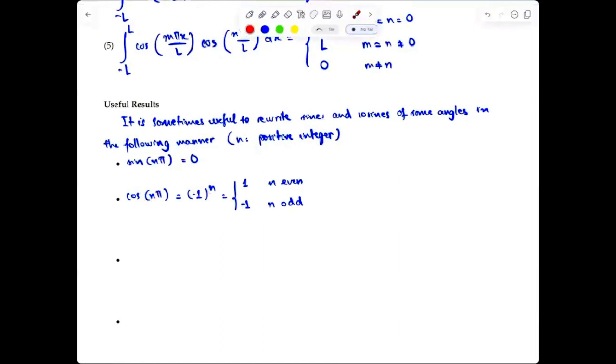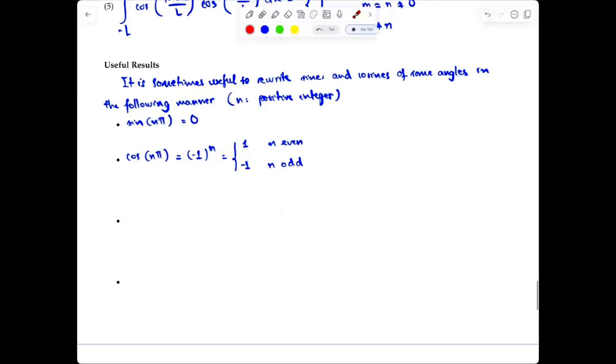Because again, in lecture 16, when you consider Fourier series expansions of a function, you have to rewrite the function in terms of the infinite series, and sometimes you want to see the alternating series, which is -1 to the power n. So you get one term is positive, the other term is negative, so on and so forth. Okay.